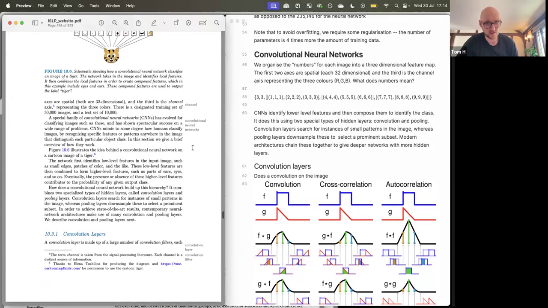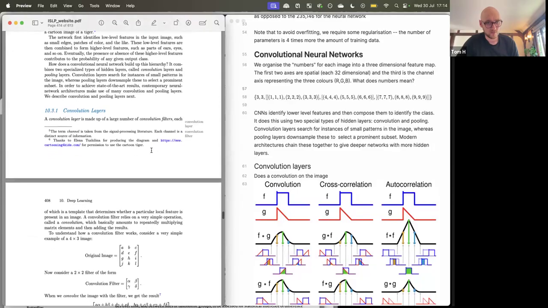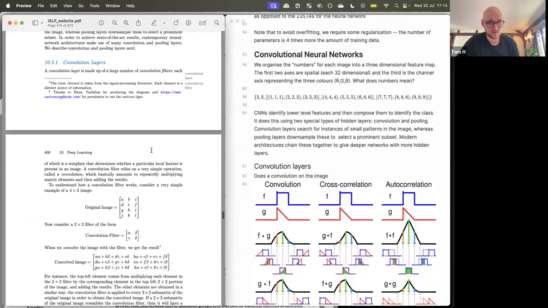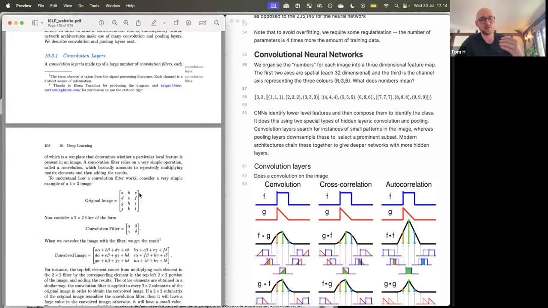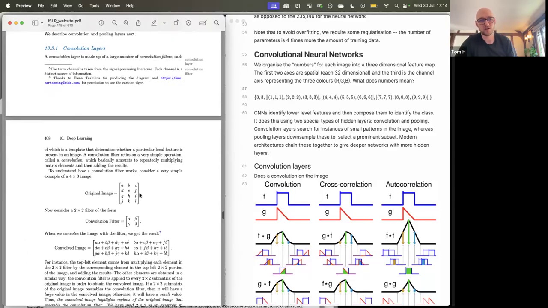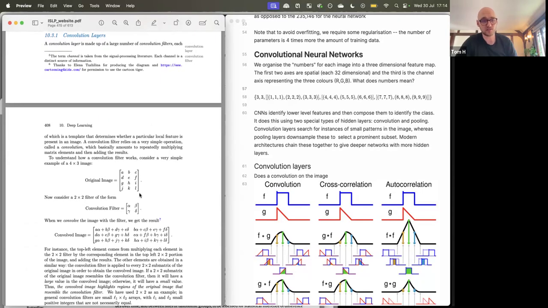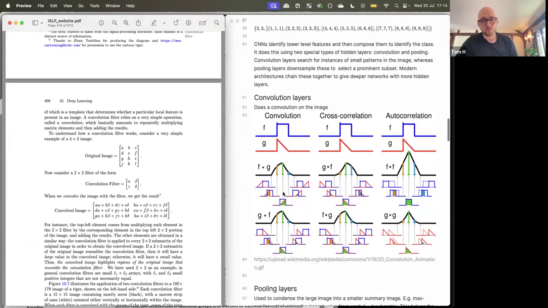For the convolution layers, this section goes through an example calculation to show you how it works, but I think it's quite useful to look at this in one dimension first, at what a convolution is, and then it makes more sense in the 2D image case.